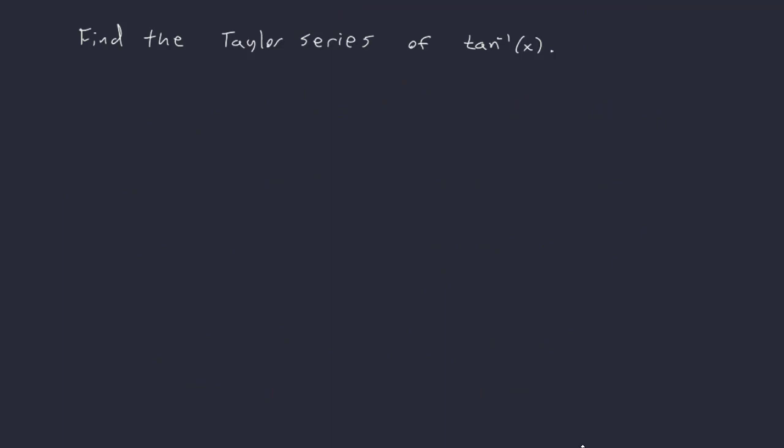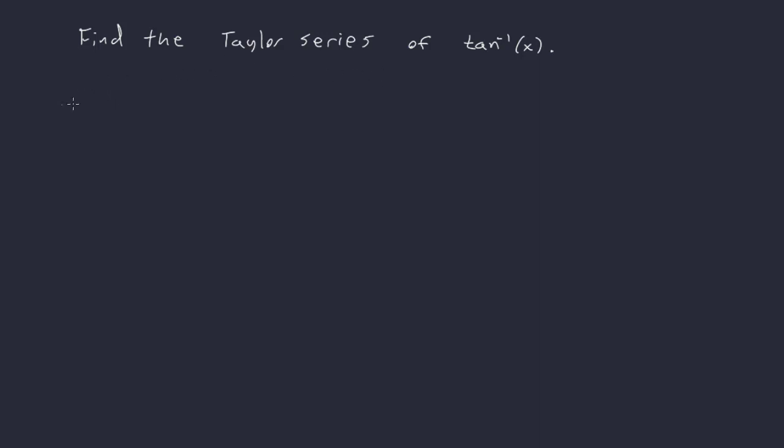All right, so this also works with integration as well. So I want to find the Taylor series of tan inverse of x. However, I do not want to go through that process that we've done. So I'm going to try and use a series that we've looked at before.